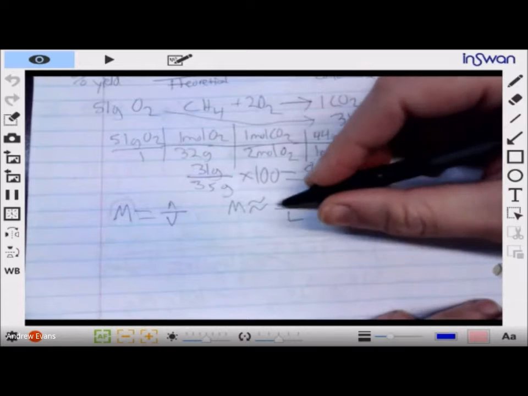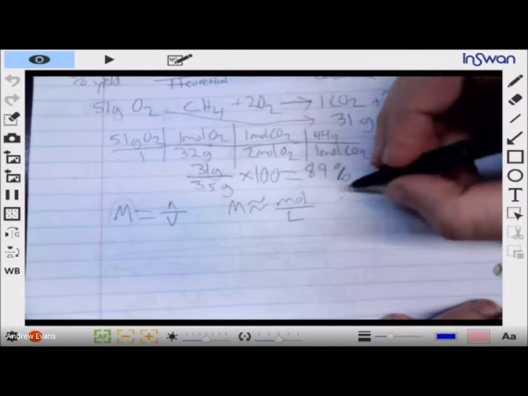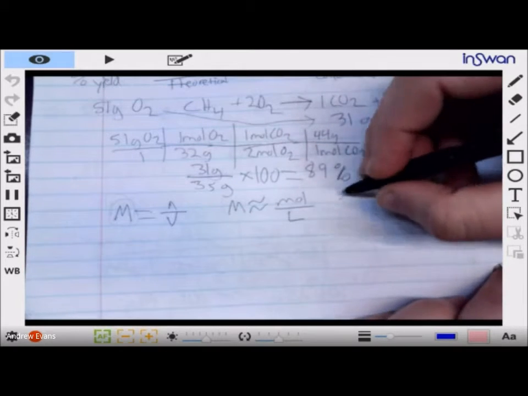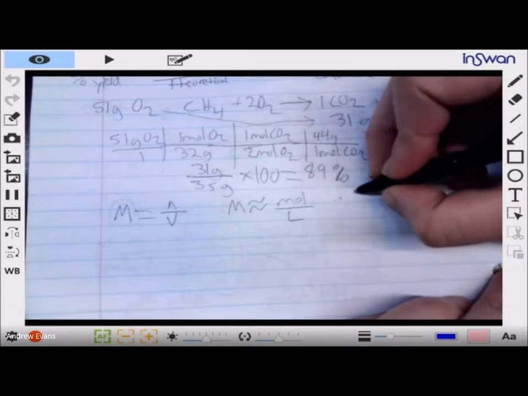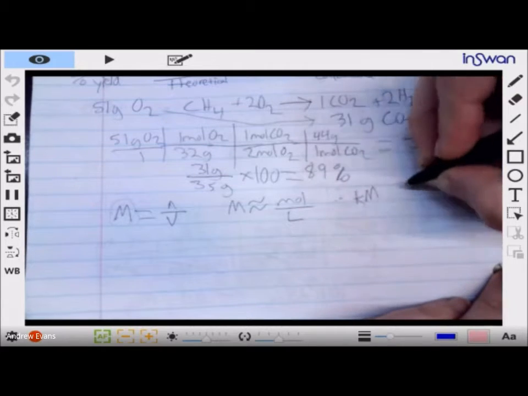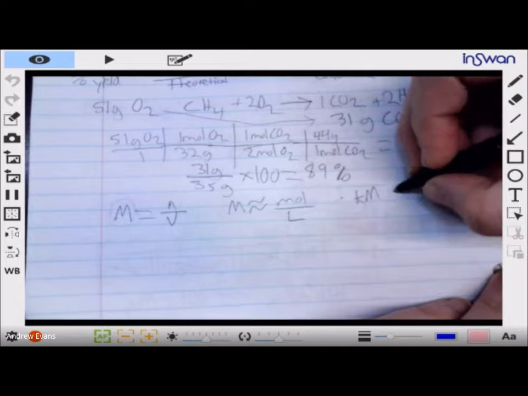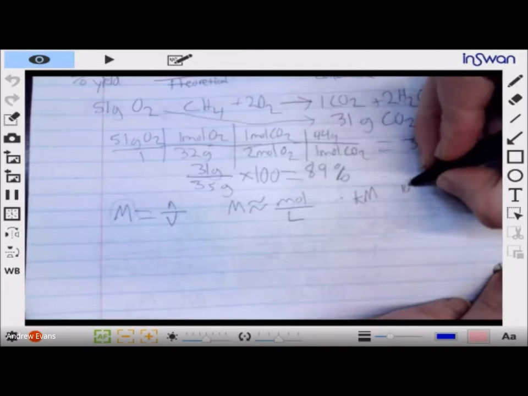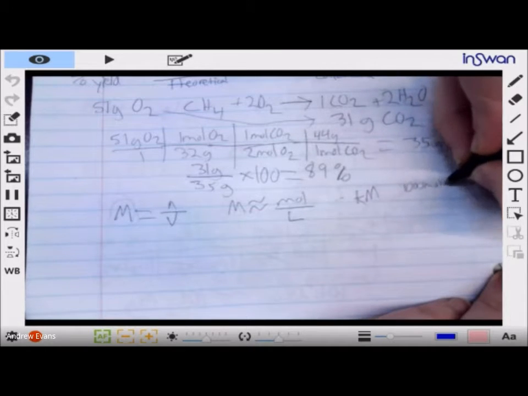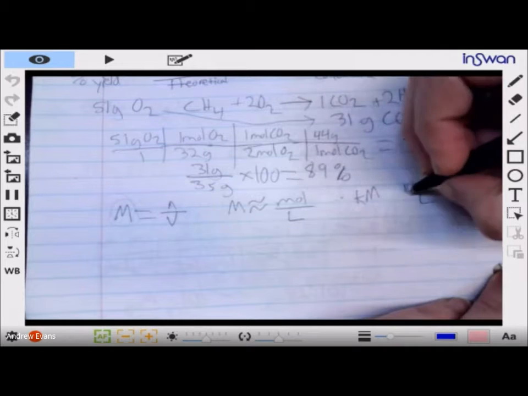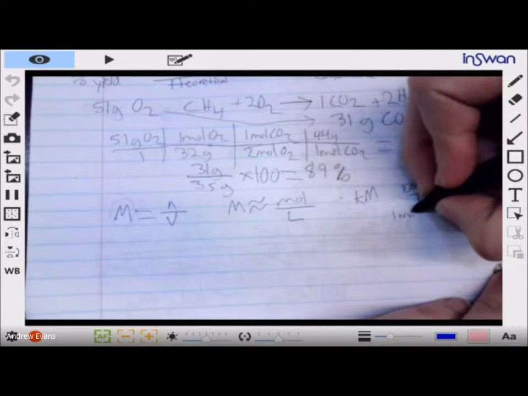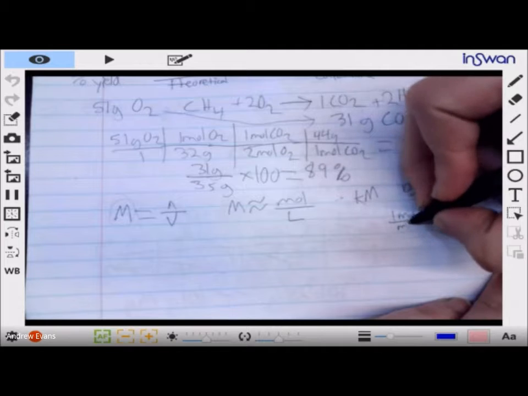But molarity could be in scientific notation. No one ever really does it, but you could do a kilomolar, which would be 1,000 moles per liter, or 1 mole per milliliter.